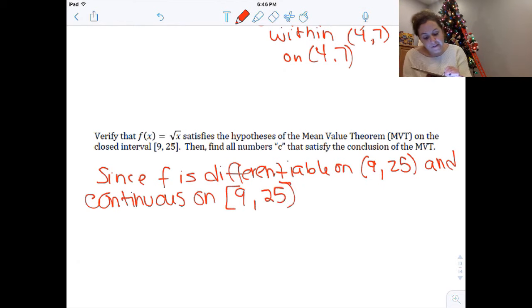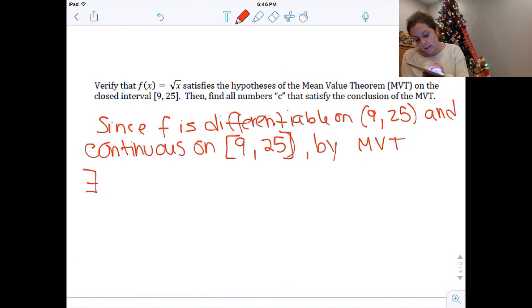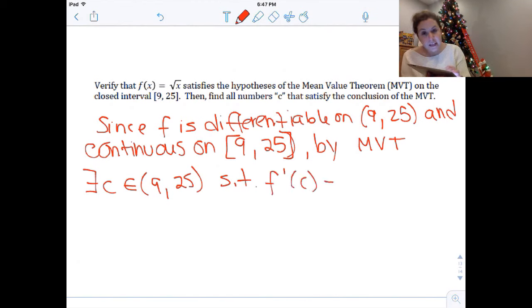So since this is true, by MVT, and here's what MVT says. There exists a value between 9 and 25 such that, and ST is an approved abbreviation, f prime at that value equals f of 25 minus f of 9 over 25 minus 9.